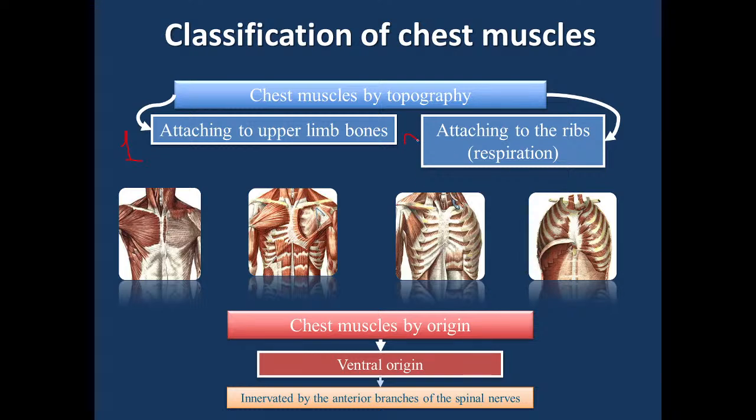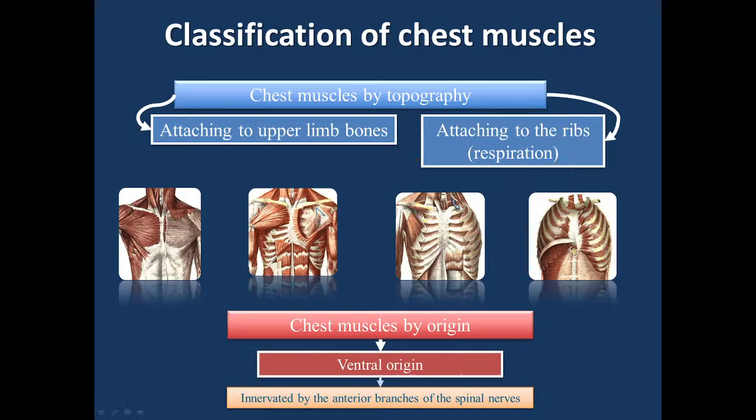But the second group, this is the muscles that are attached to the ribs, and they have a role in respiration. Sometimes in inspiration, some of the muscles help us to expirate air from our lung.